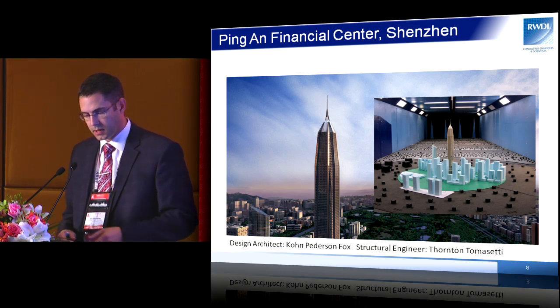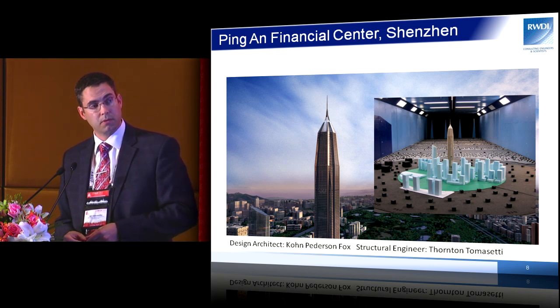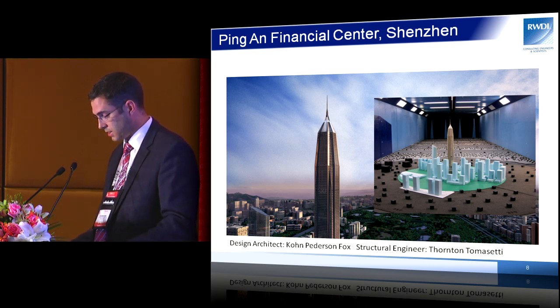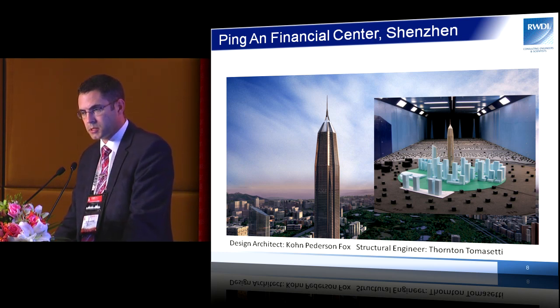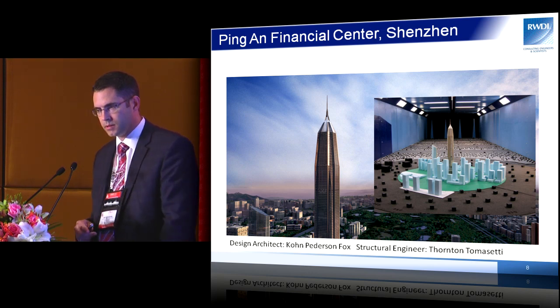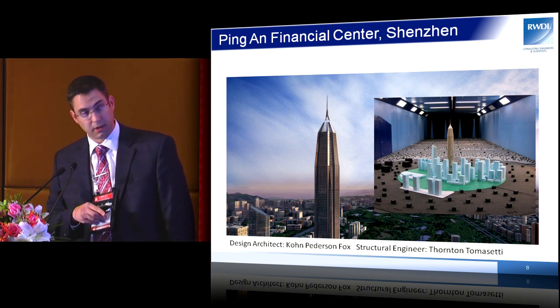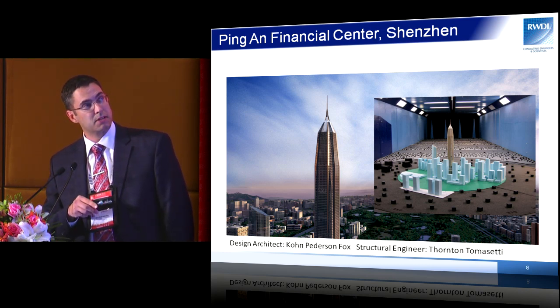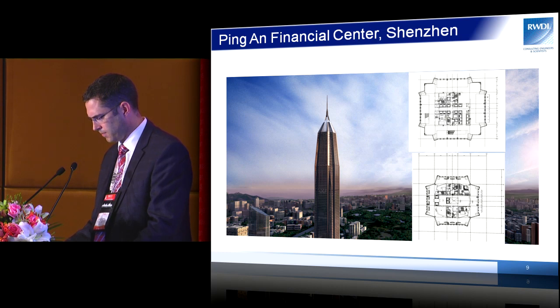In the neighboring session, there's a presentation going on about Ping An Financial Center, and that's one that we were working with KPF, Thornton Tomasetti, and locally here, CTBUH. And that's a building that took as a sort of a model some of the things that we've learned about reentrant corners. So if you look at the building, it has some corner detail, and from the rendering you can see that corner detail changes over the height of the building.